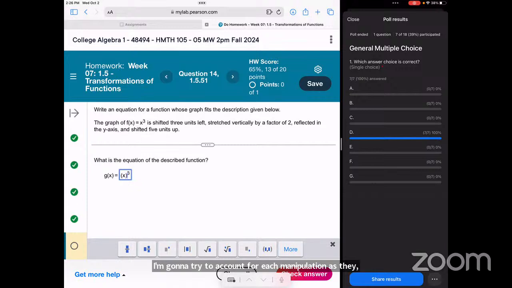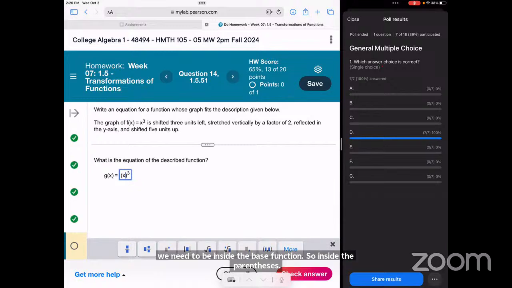It says shifted 3 units left. So side to side means we need to be inside the base function, inside the parentheses. If we're going to go 3 units left, that means we need to add 3 on the inside. So we're going to say plus 3. Stretch vertically. Vertically means we need to be on the outside of the base function, by a factor of 2. It follows our intuition, so we're going to put a 2 on the outside.